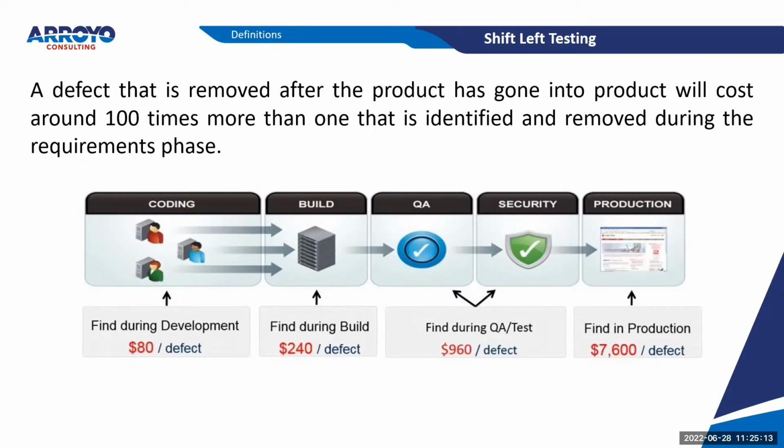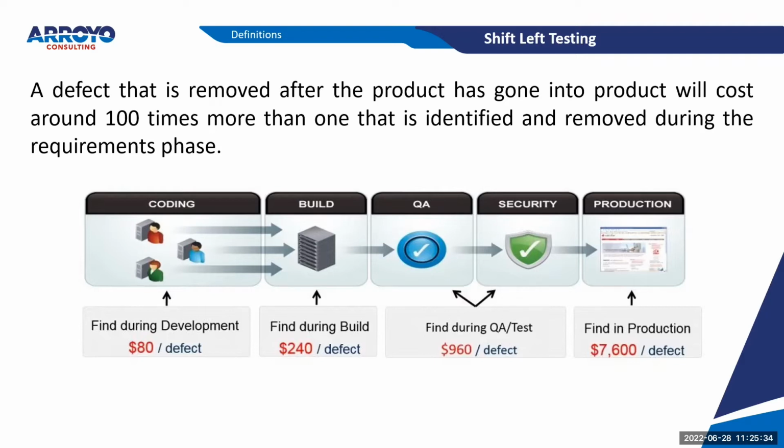But if that defect is found in production, it can cost around 100 times that initial cost.